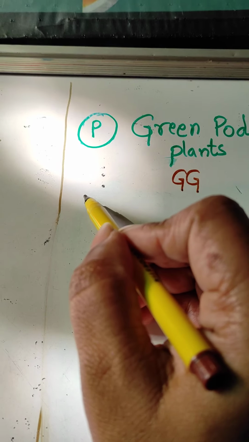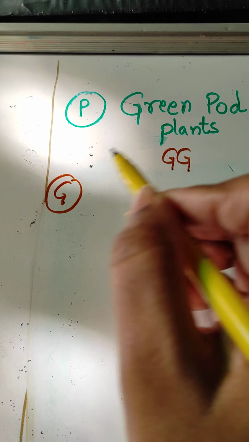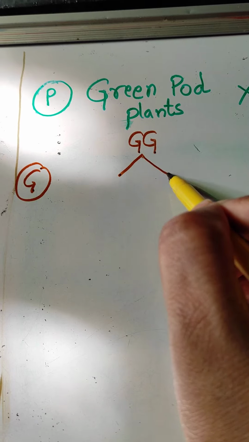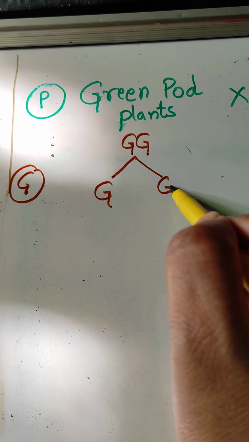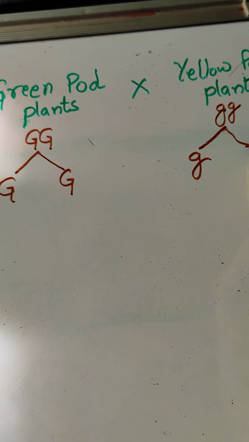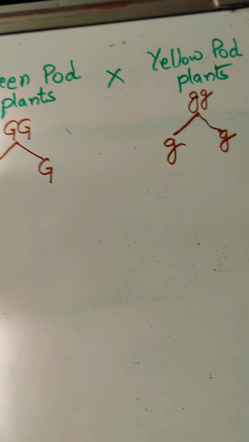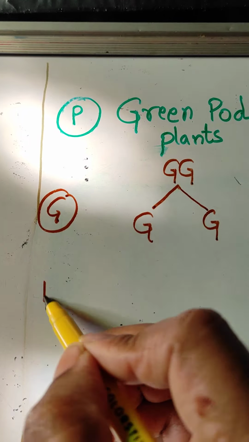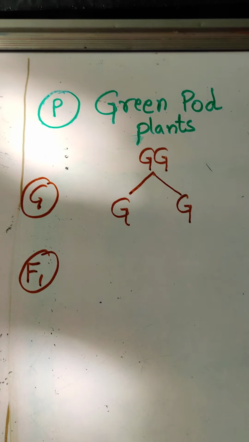Now gametes: capital G, and there small g, small g. Now the F1 generation.